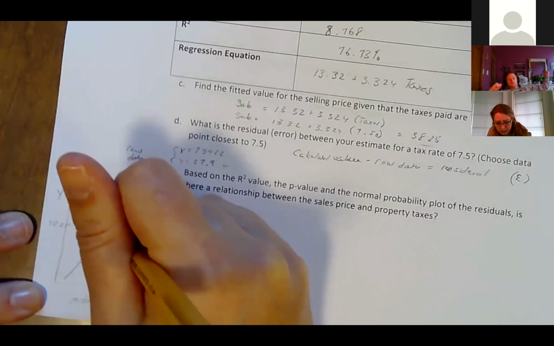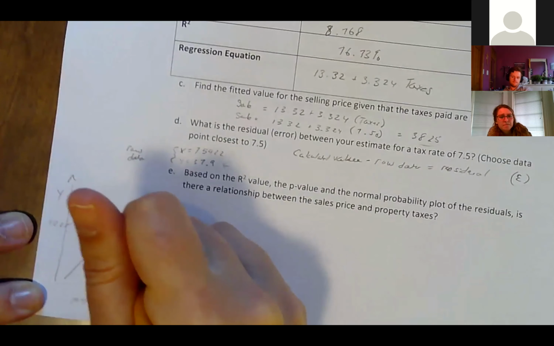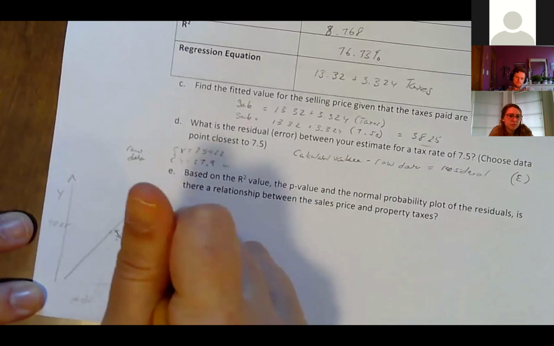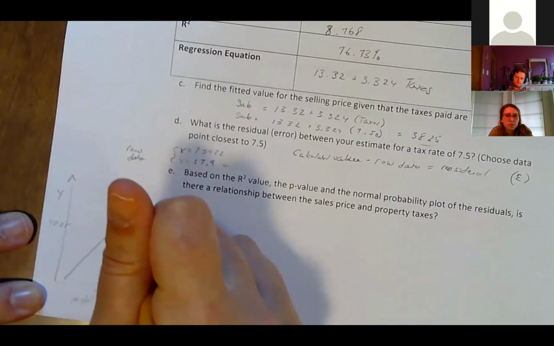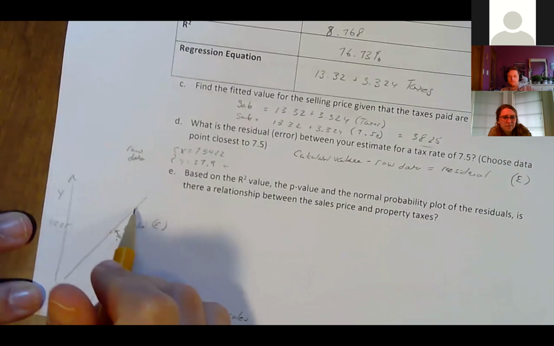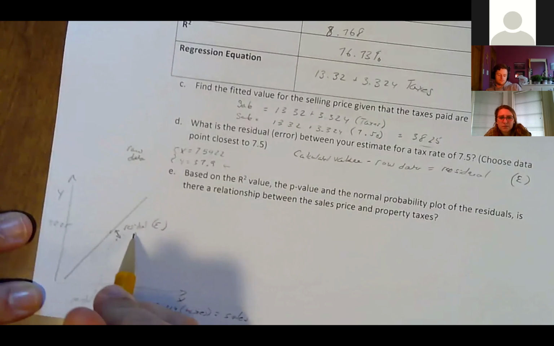The distance between these two is my residual. That is that little e. So for every single data point that I have along this line, there is the difference between my calculated value and my raw data value.